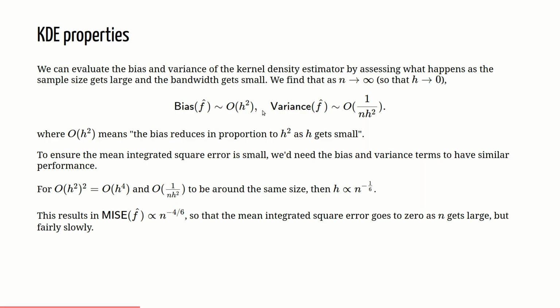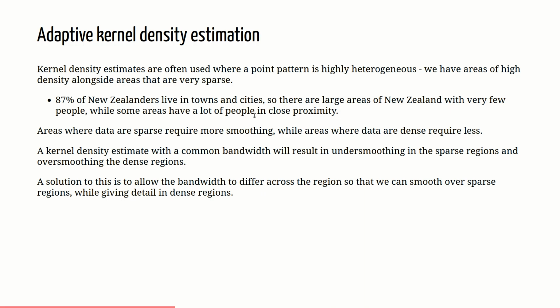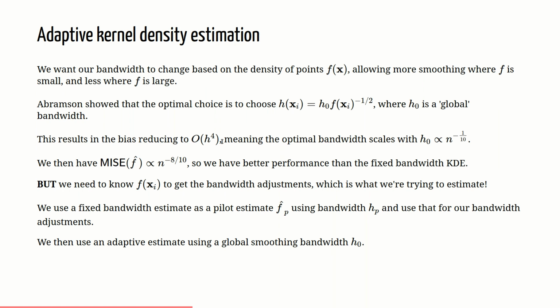So you remember before we had our bias order h squared, okay? Now it reduces down to order h to the 4. So that means as h gets small, the bias gets small really fast, okay?